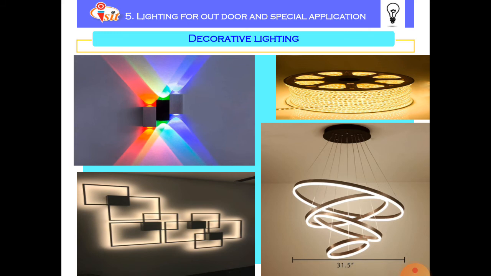These decorative lights are used for buildings at functions, in exhibitions, for home decoration, fountains in the garden, tree decoration, marriage functions, and stage decoration. Whenever required, decorative lights are used.